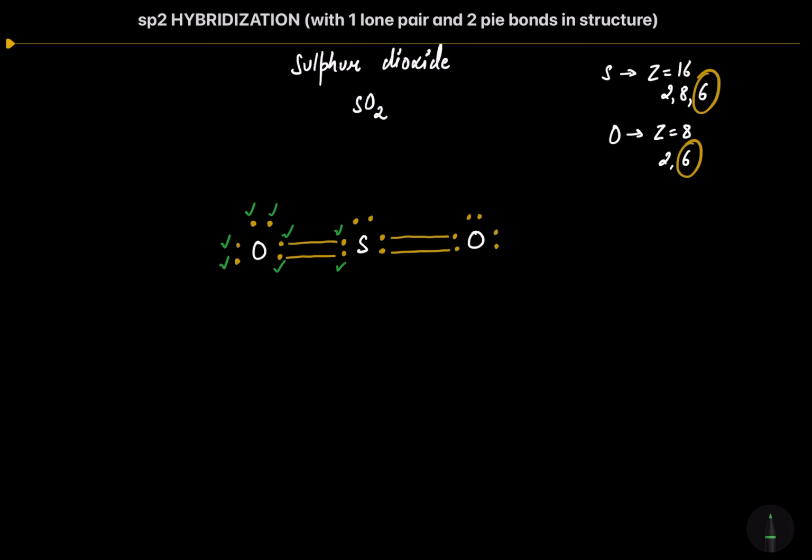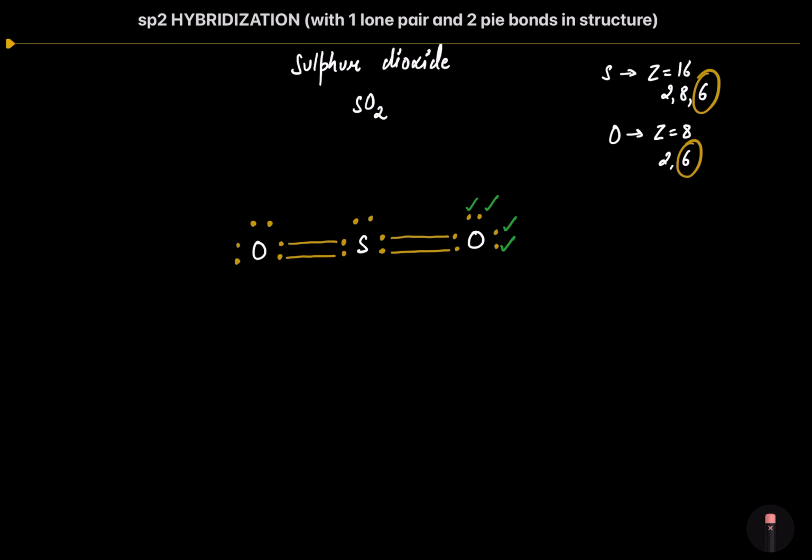The second oxygen also has 8 electrons after the formation of 2 bonds with sulfur, so it has also attained an octet.